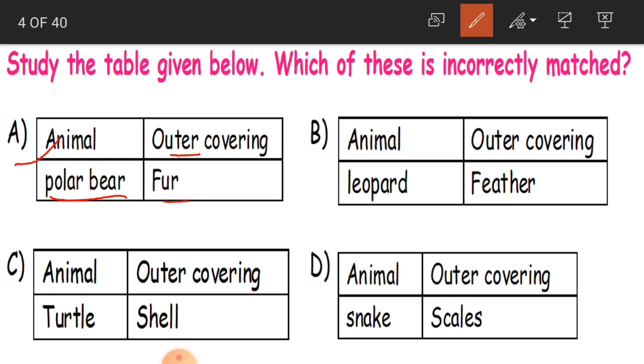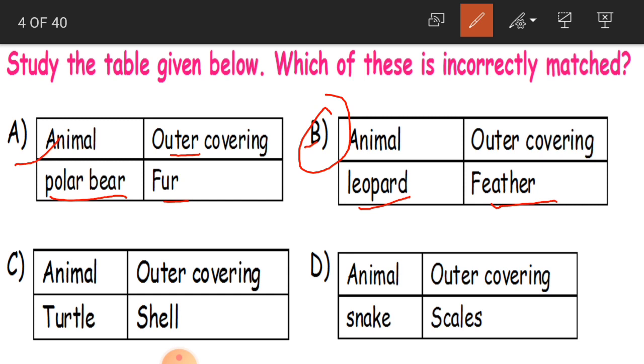Polar bear has the outer covering of the body with fur. Second one, the animal is leopard. Outer covering of its body is feather. Is it true children? Is the body of the leopard covered with feather? No. So because this is not matched correctly, this is our answer, that is B.